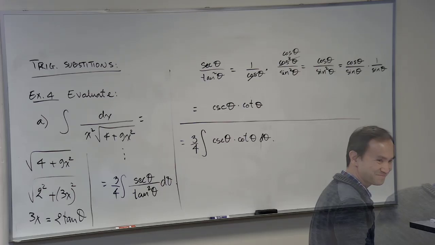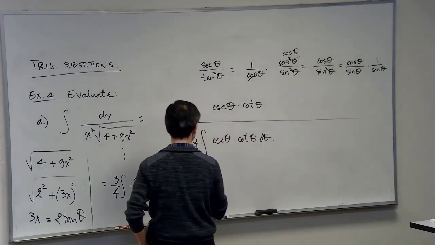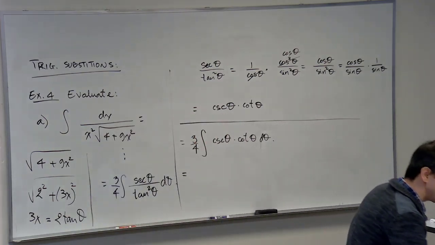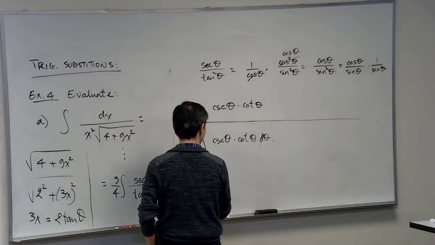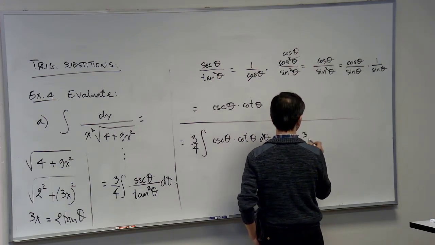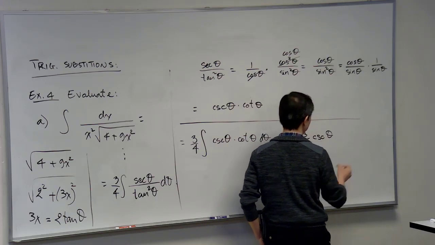We look at that. And so now what's the antiderivative for this? Actually now it comes quite straightforward. What's the derivative for cosecant times cotangent? Minus 3/4. Let me write it out over here. Minus 3/4 cosecant of theta.